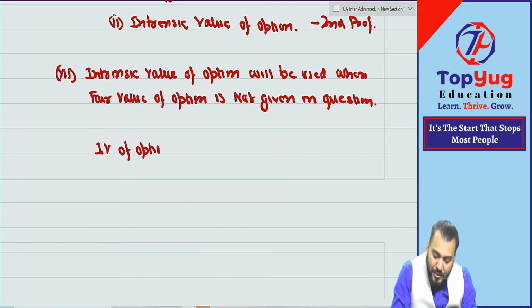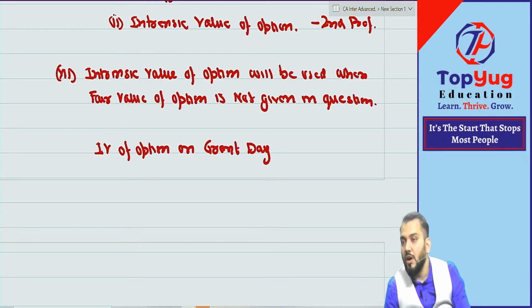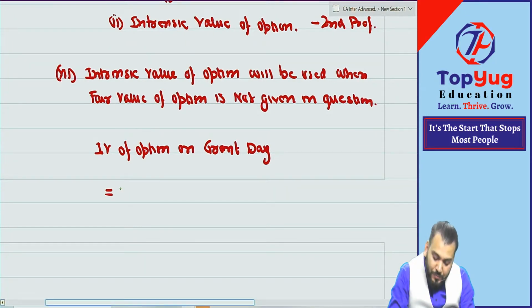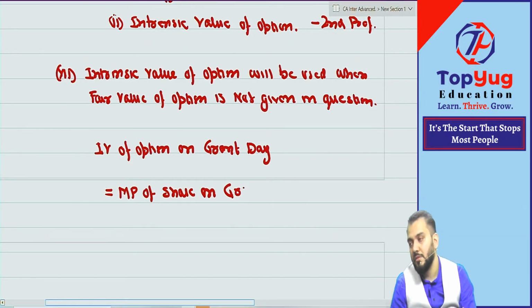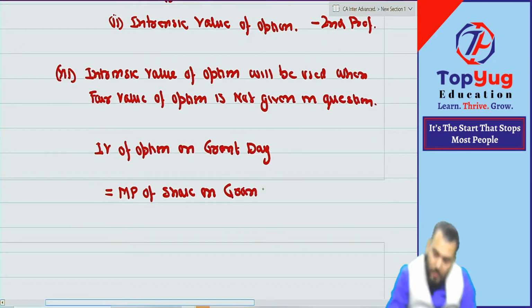But we calculate intrinsic value of option on which date? On grant date. So how to calculate? We'll find out market price of what? Shares. On which date? On grant day.